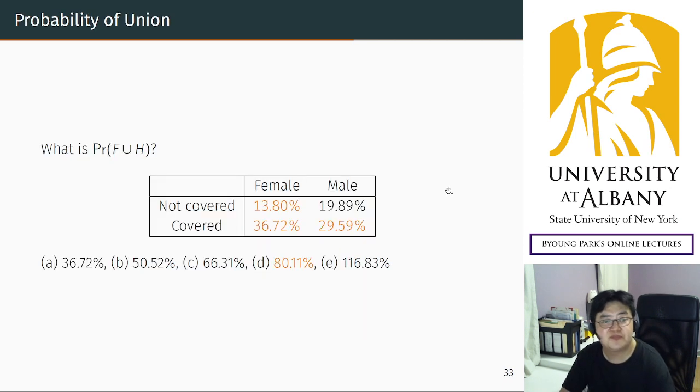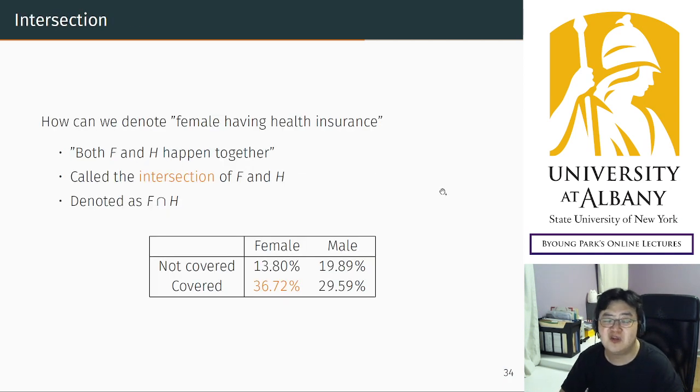And whenever you learn the union, it also comes with its counterpart, intersection. Intersection is a combination of two events connected by AND. Previously, we connected two events by OR, but now it is AND. So it defines females who have health insurance.